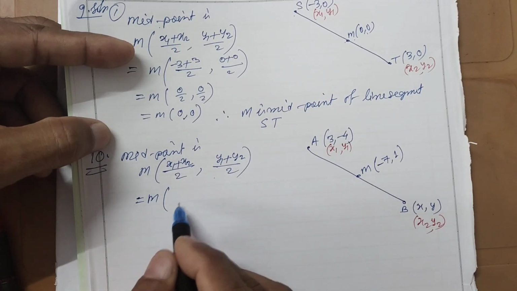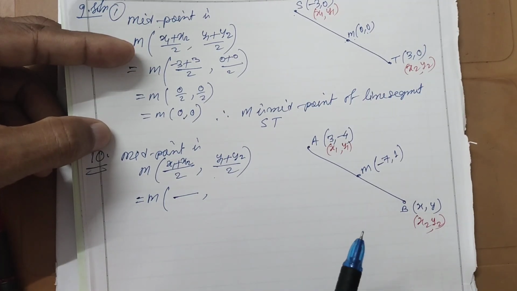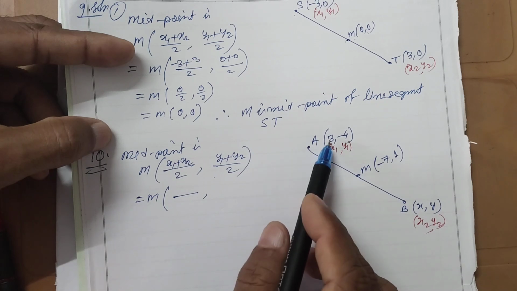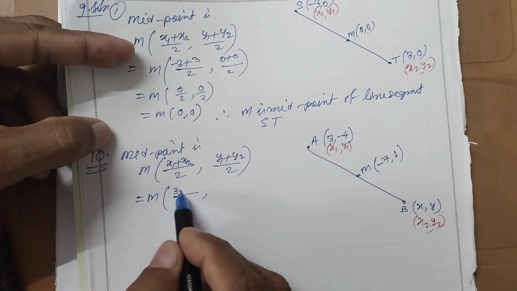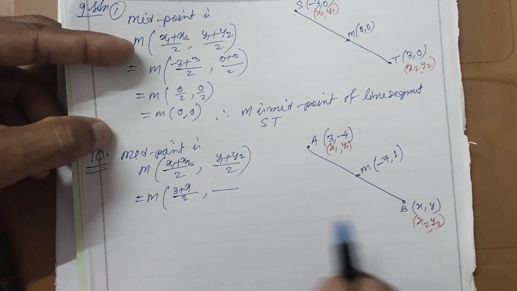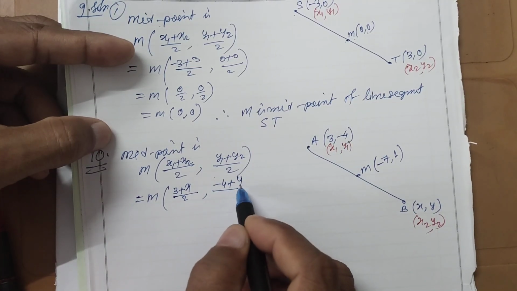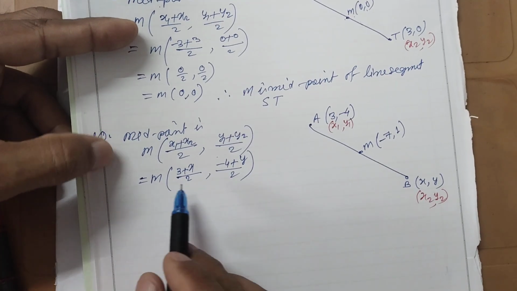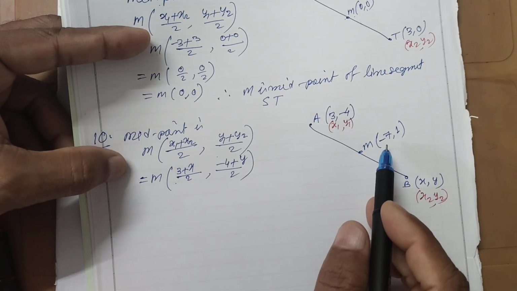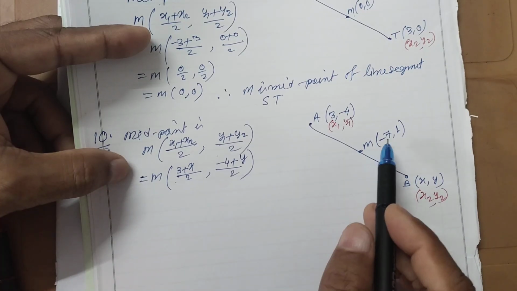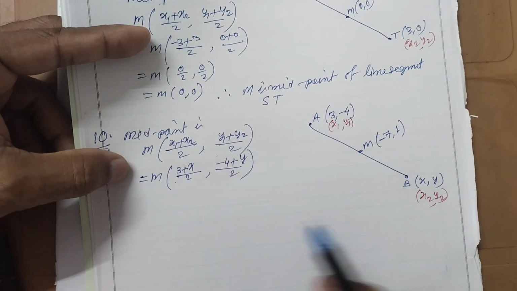So by formula, we get one value, and another value is given in the question. By the formula, x1 plus x2 is (3 plus x) divided by 2, and y1 plus y2 is (-4 plus y) by 2. According to the question, the midpoint we get by calculation and the midpoint given in the question must be equal.